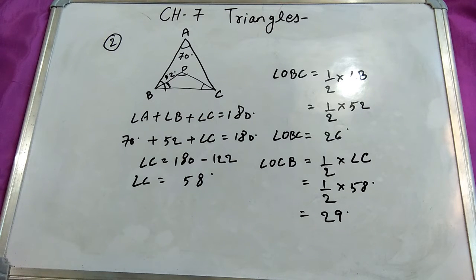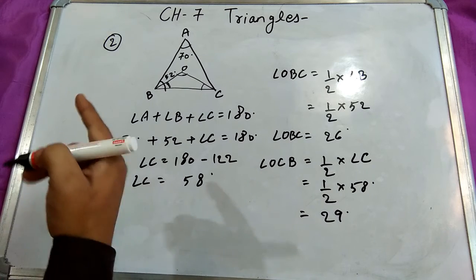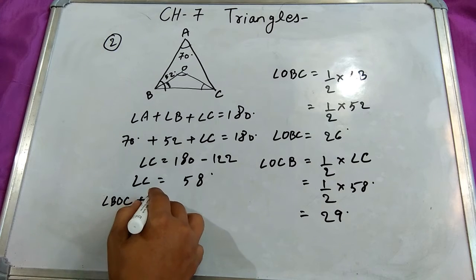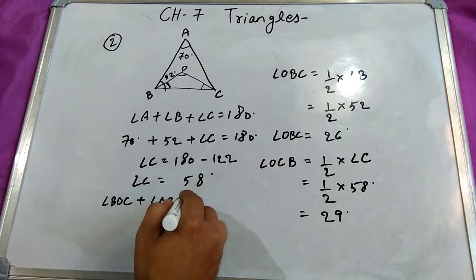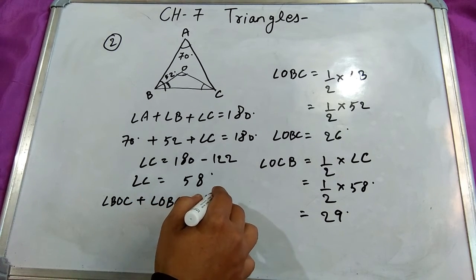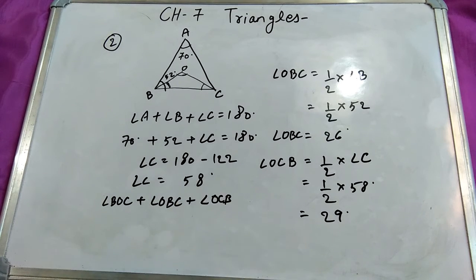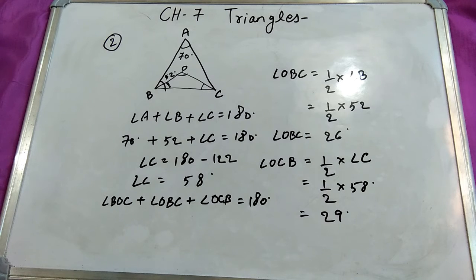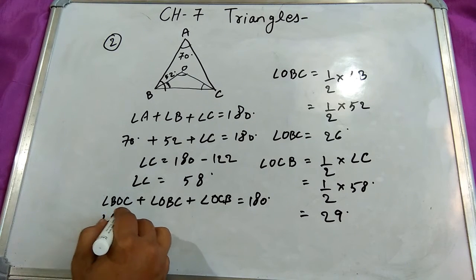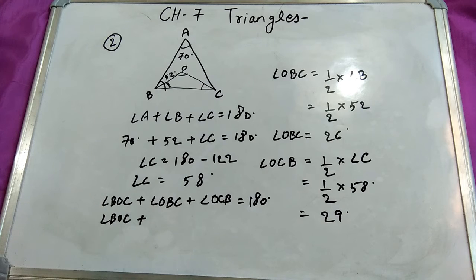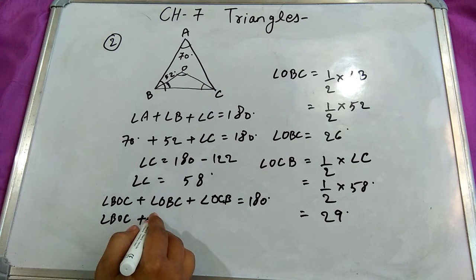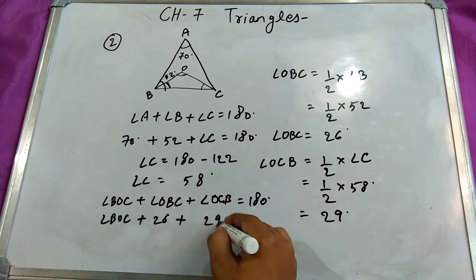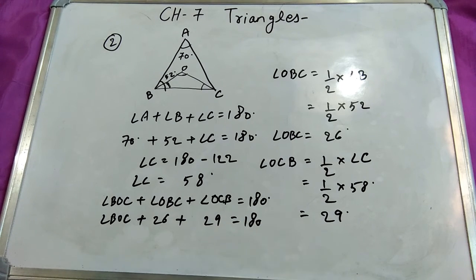So in triangle BOC, angle BOC plus angle OBC plus angle OCB equals 180. Okay, BOC we have to find, OBC is 26, OCB is 29.